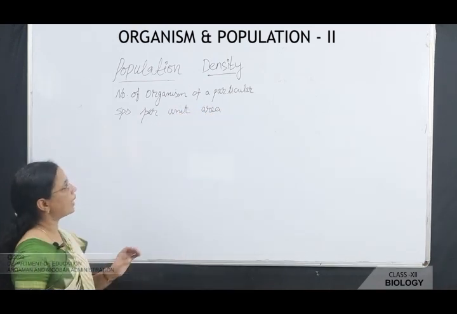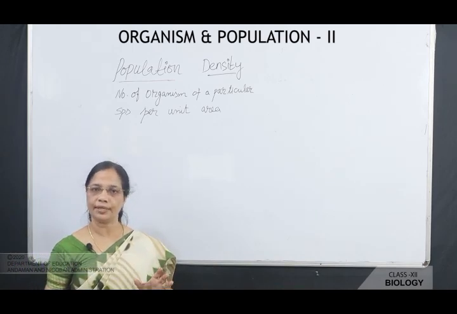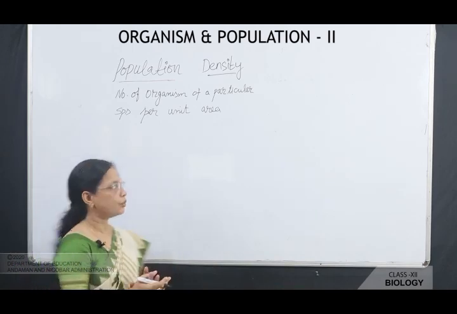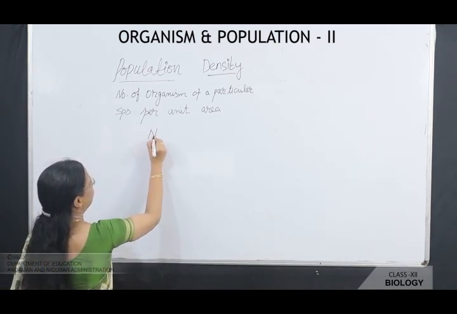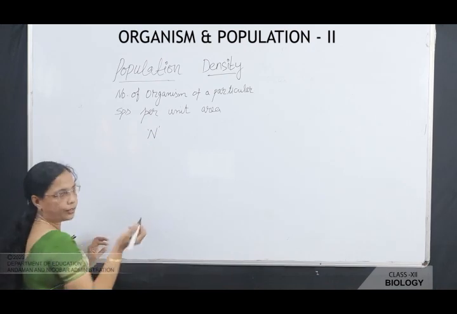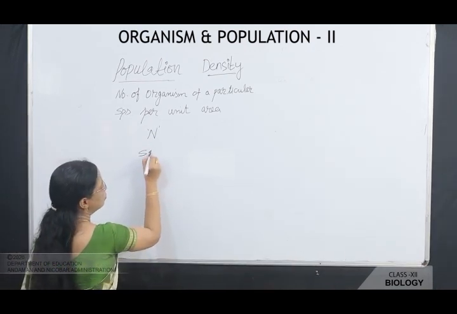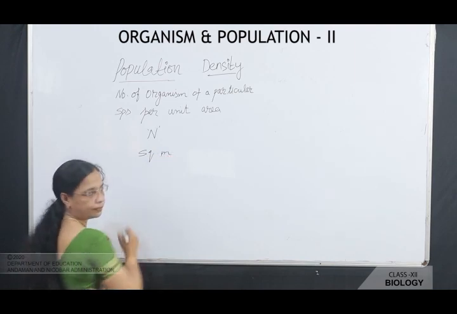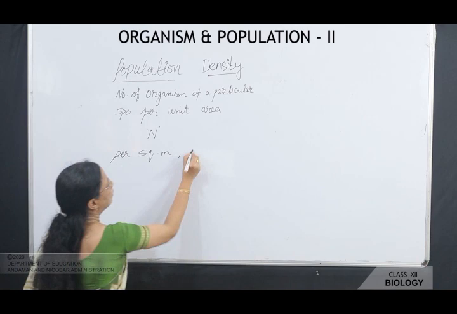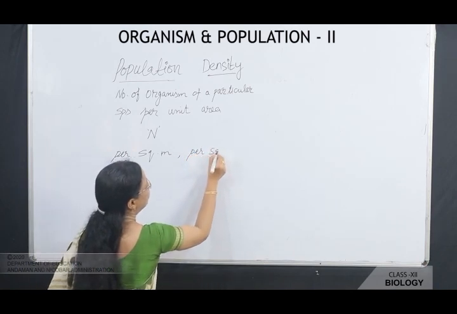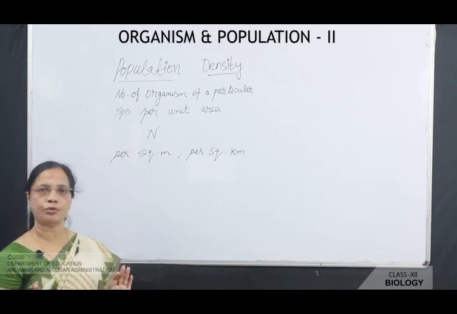So it is represented as N, capital N. Per unit area, this area may be per square meter, or it may be per square kilometer. It varies from organism to organism.